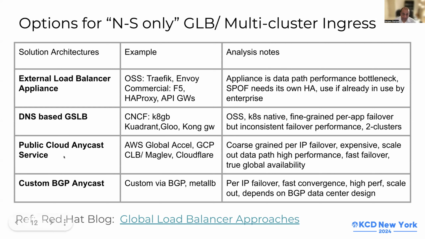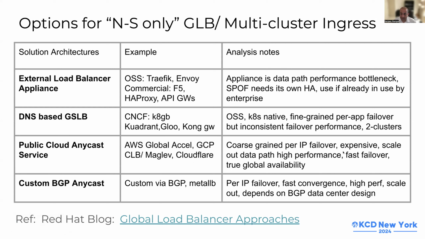Clouds like AWS and GCP, essentially all of these public clouds, offer global network load balancers, which allow you to advertise a single virtual IP from different locations, and traffic from different clients to that virtual IP can get load balanced to different backend locations, essentially achieving your north-south load balancer pattern. This is a per IP based failover, right? So this is not an L7 based failover.